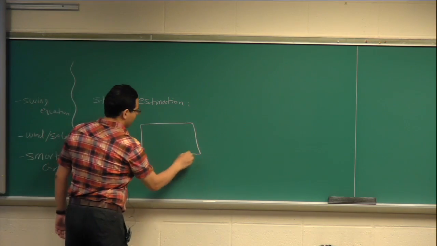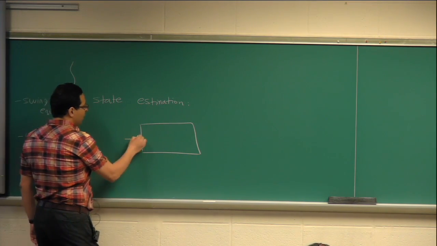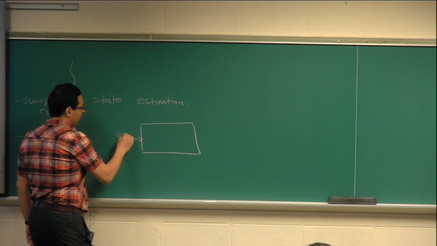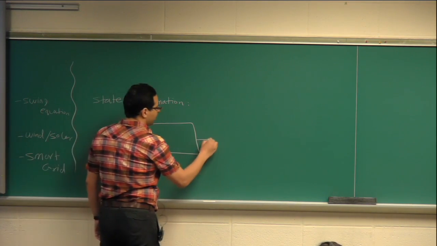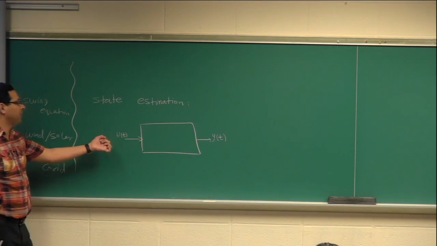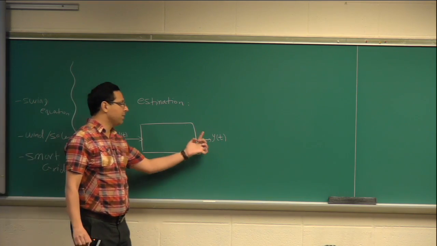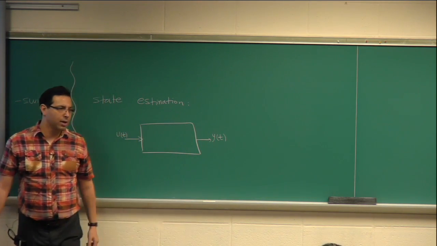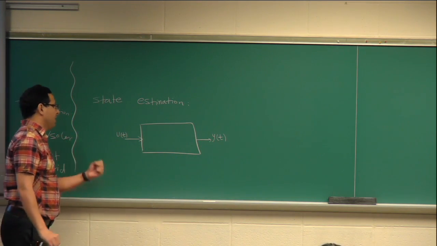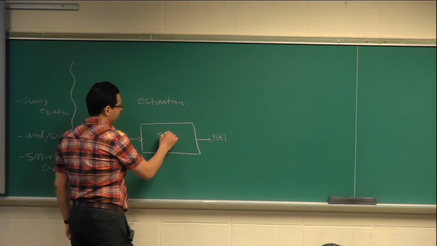I have a system, like this could be a generator. If we apply some input u as a function of time, and get some output y as a function of time. So u is the input that I apply, for example, to a mechanical machine, and y is the set of measurable outputs. But there are a lot of parameters that we need to describe the behavior of a system like a generator.